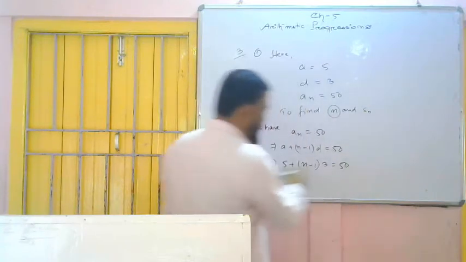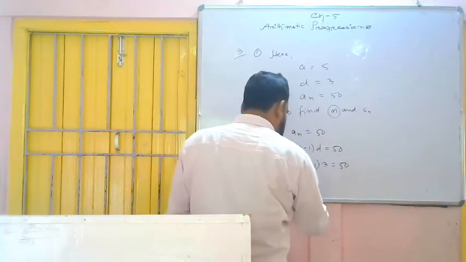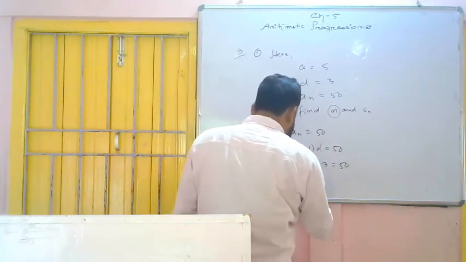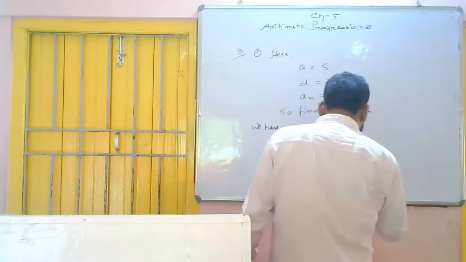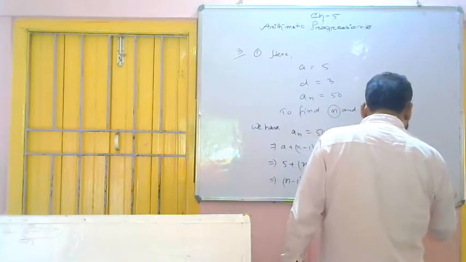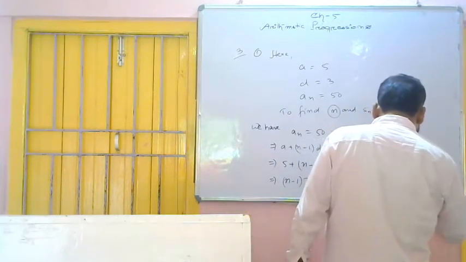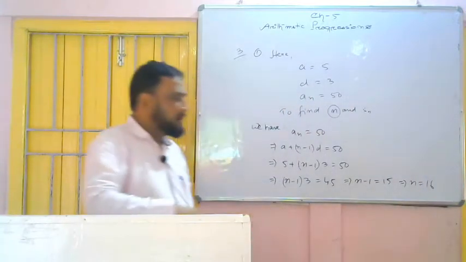You see, now we can find n easily. n minus 1 into 3 is equal to 45, implies n minus 1 is equal to 15, implies n is equal to what? 16.